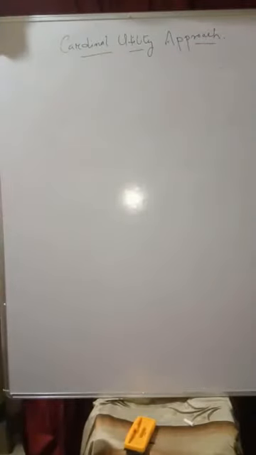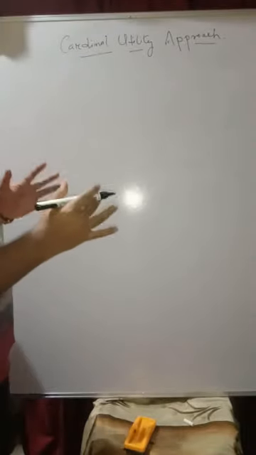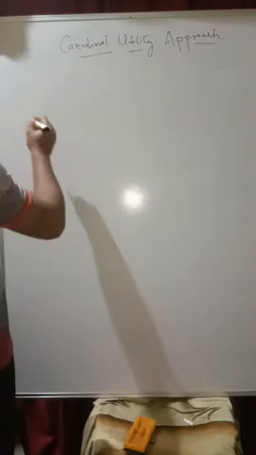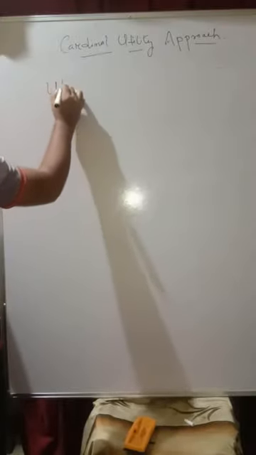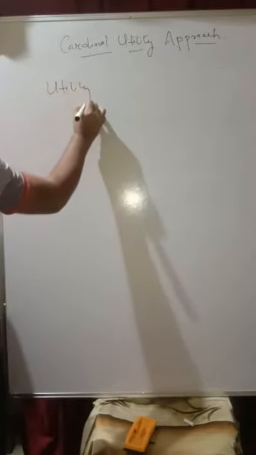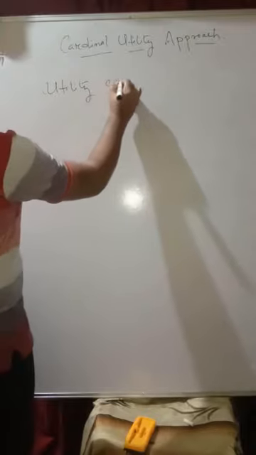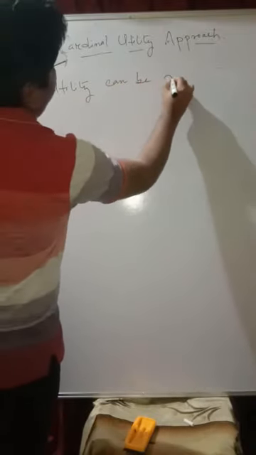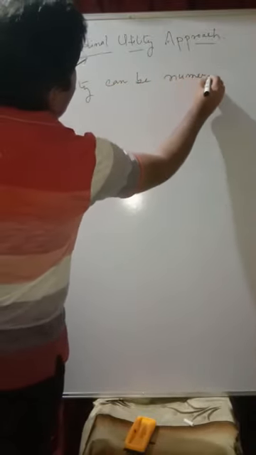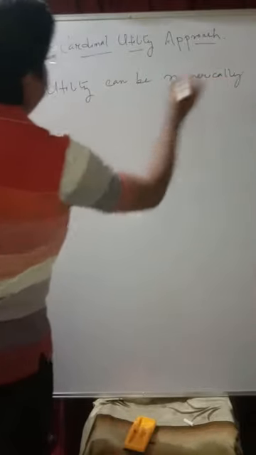Now under cardinal utility, according to Alfred Marshall and the followers of the cardinal utility approach, utility can be numerically expressed.